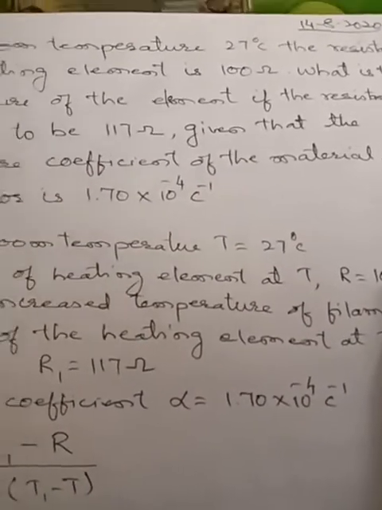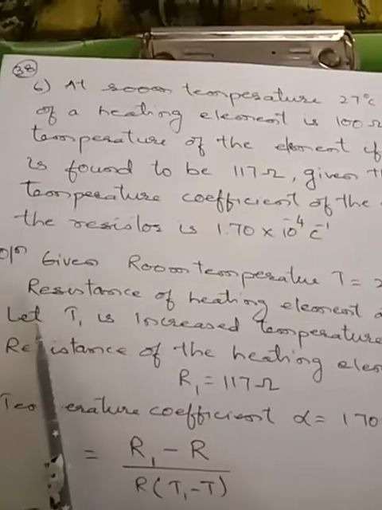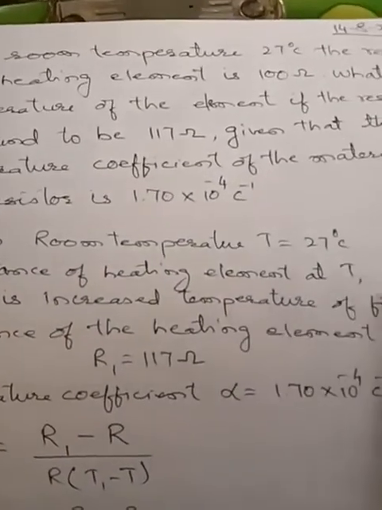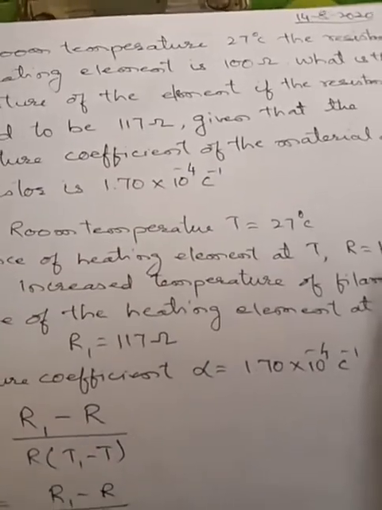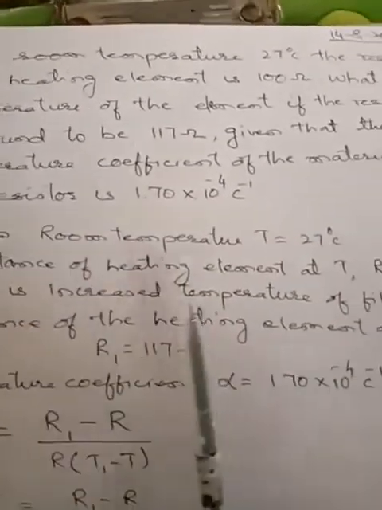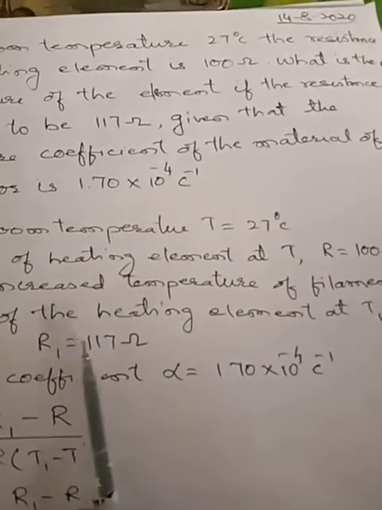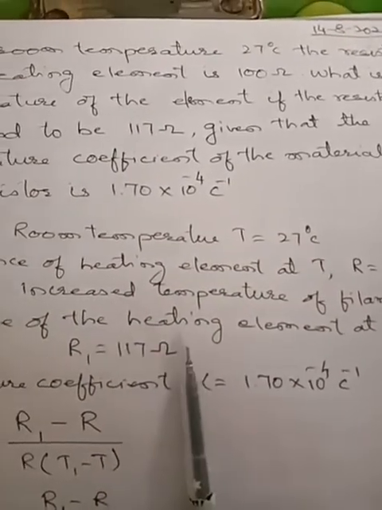This is given. Further, let T1 be the increased temperature of the filament. Resistance of the heating element at T1, R1 is equal to 117 ohm.